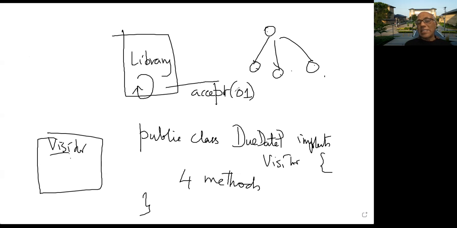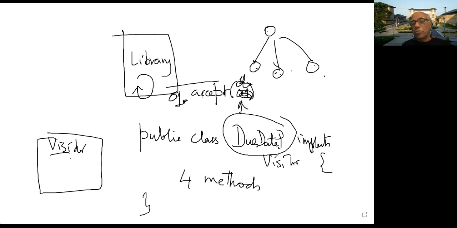Well, sorry, it should actually be O1 dot accept. For each object O1 here, I'll be calling accept on O1, and I will be passing as parameter this object. I'll be creating an object of type due date P, and that will be passed as parameter to the accept method. So this D is a visitor object, right?